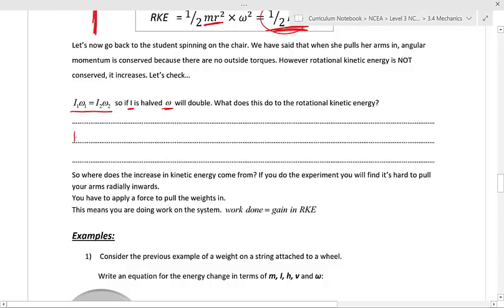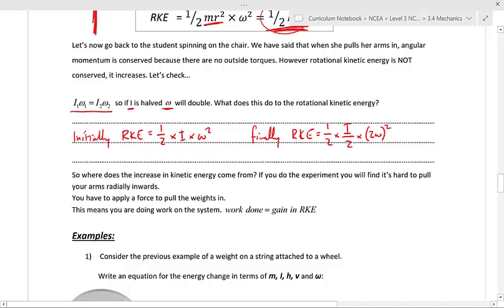Well, initially, the rotational kinetic energy is equal to half times I times omega squared. Finally, we have RKE equal to a half times I over 2, since I is halved, times 2 omega squared, since omega has doubled.